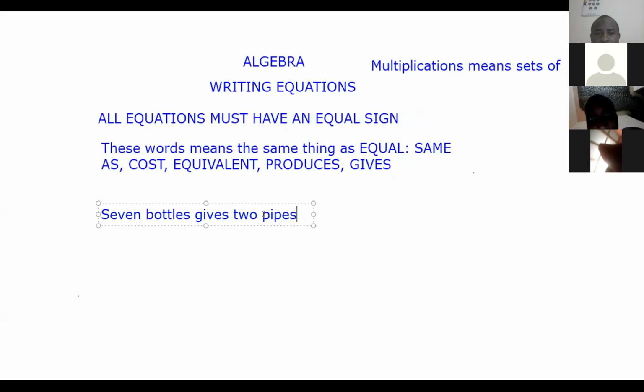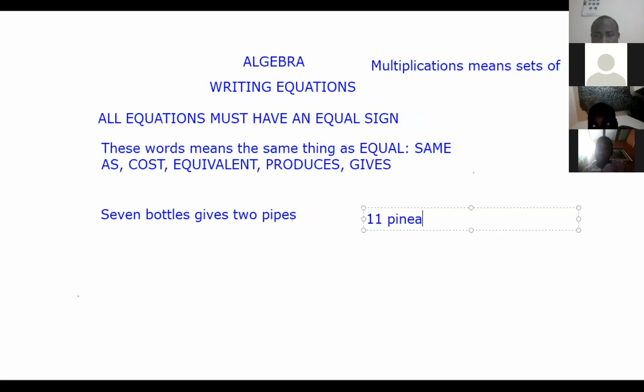Write a mathematical statement for this one for me, please. Everybody write the answers in for these ones.